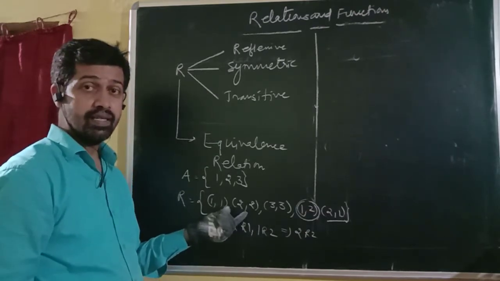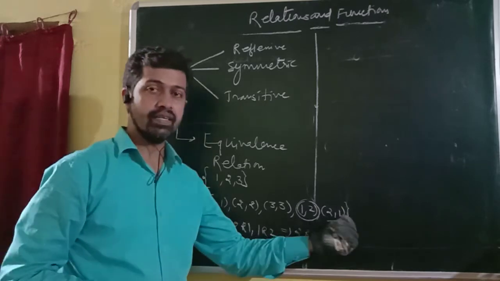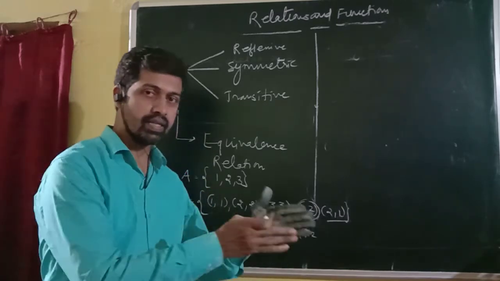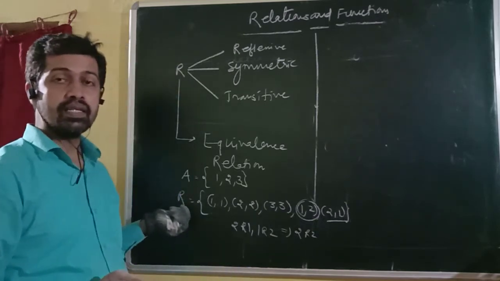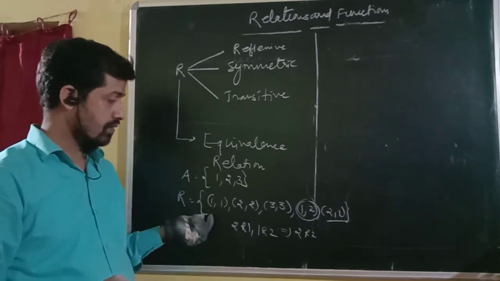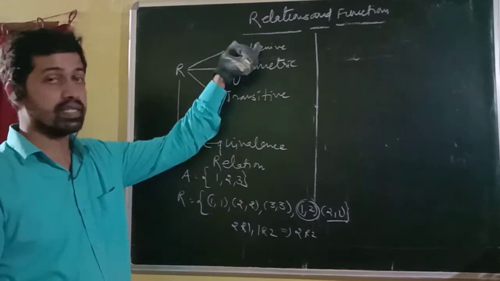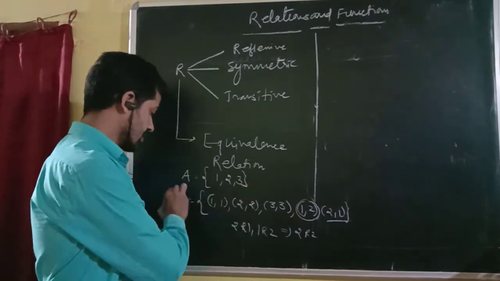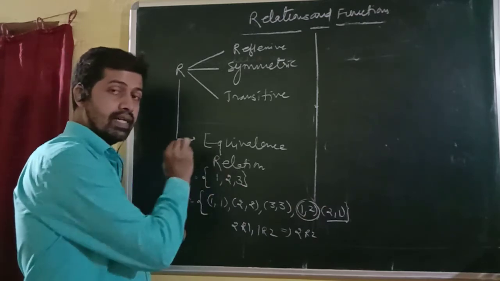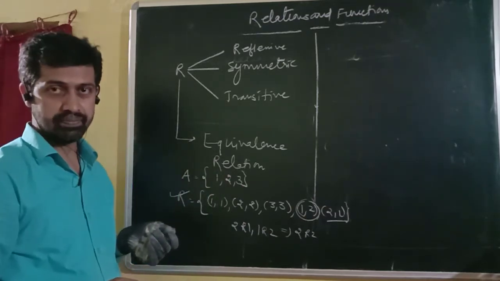It is there. So whether you think in a direct way or in a reverse way, the relation is transitive. So it satisfies all the three conditions. Then definitely we can say that this relation on this set is an equivalence relation.